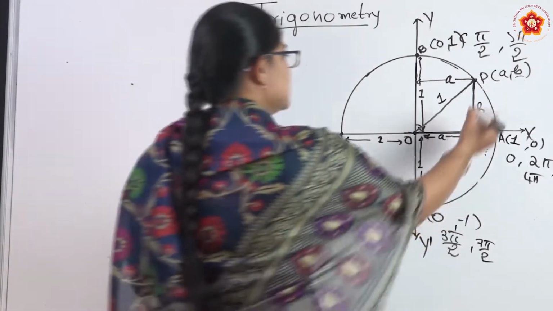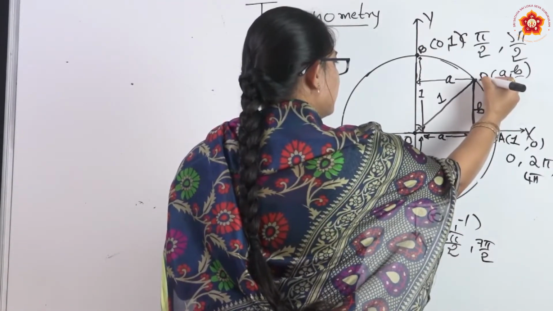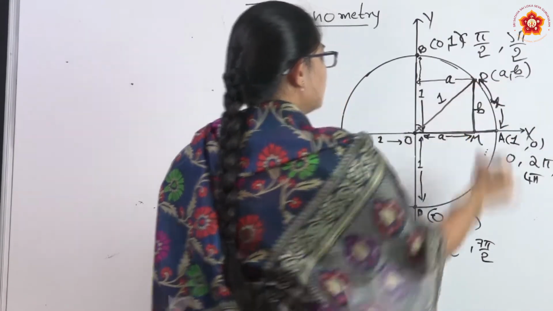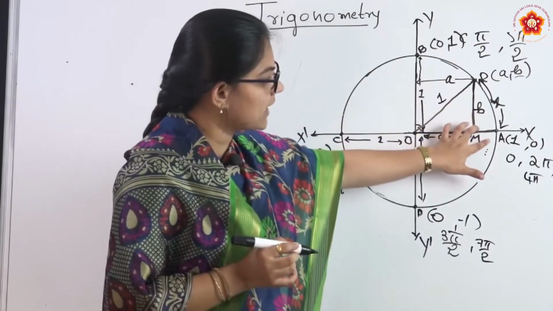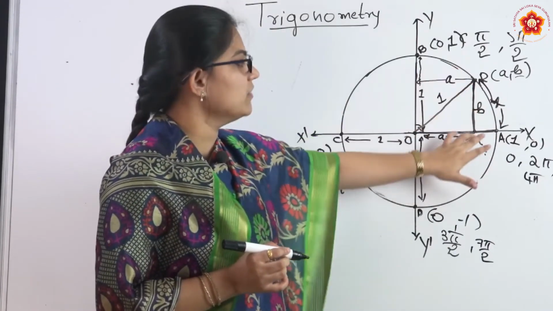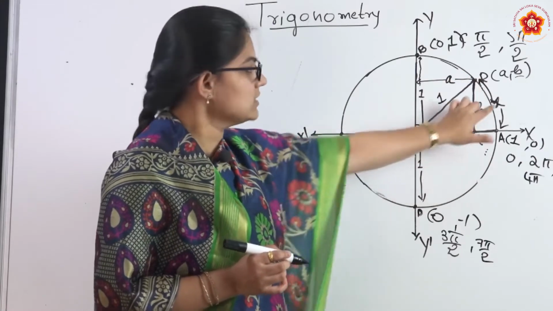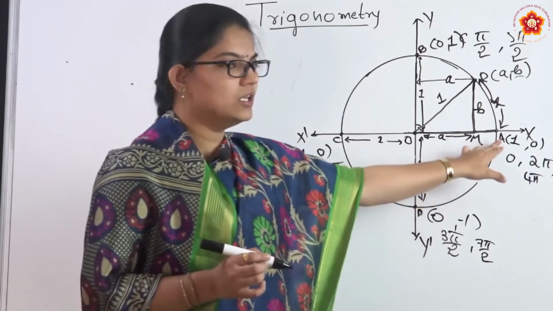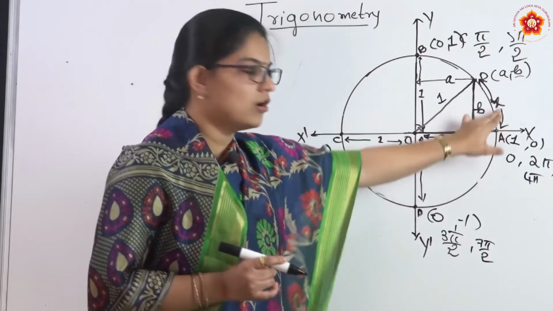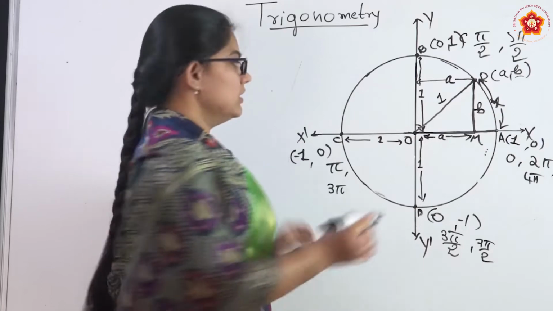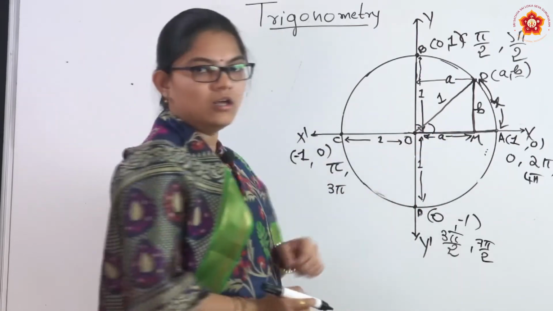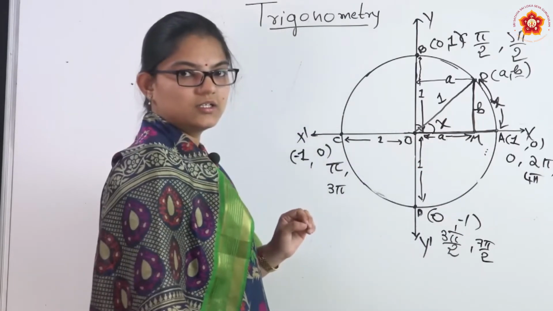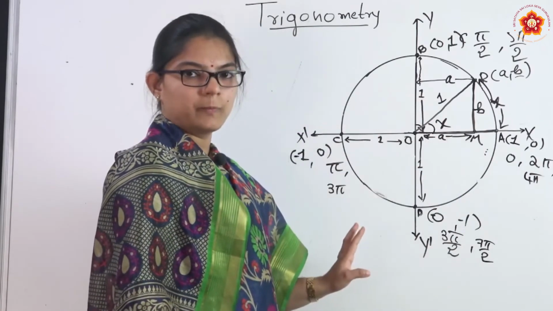Now consider an arc of length x, where the arc we can call AP, okay? So we have arc AP as x length. In the unit circle, if you have an arc of length x units, then it will give you an angle of x radian, just following the definition of radian.